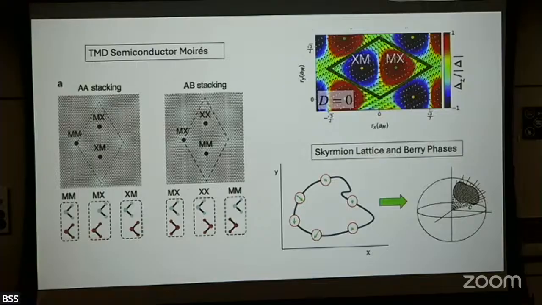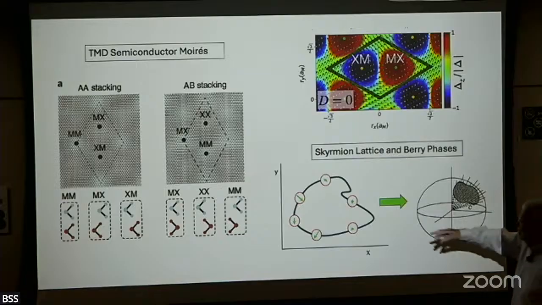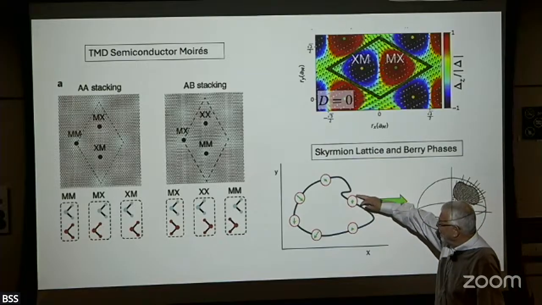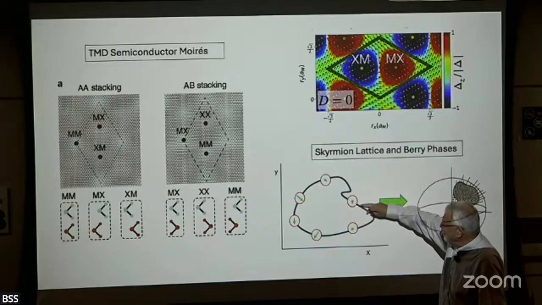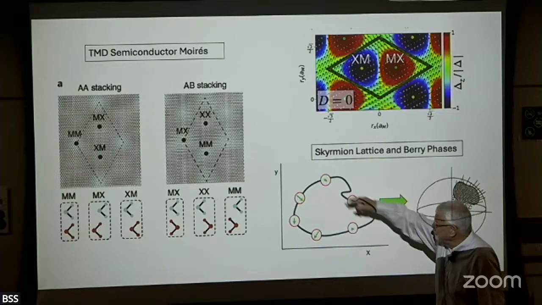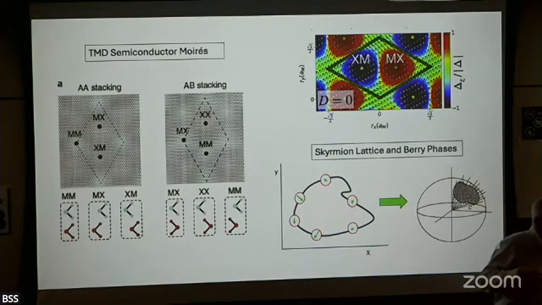If you go back to the magnetic thin film skyrmion literature, they always argue, and I'm going to come to this next time, if I restore the kinetic energy and think about moving through space, let's say in the limit of large magnitude of delta, or large Moiré period, the local layer pseudospin will just follow the direction of delta.